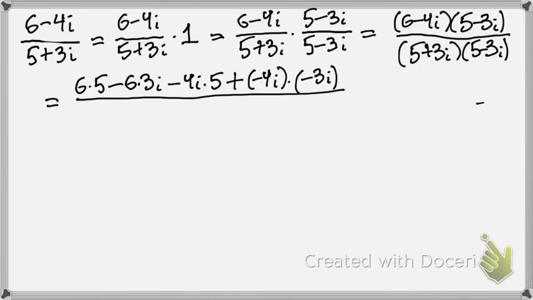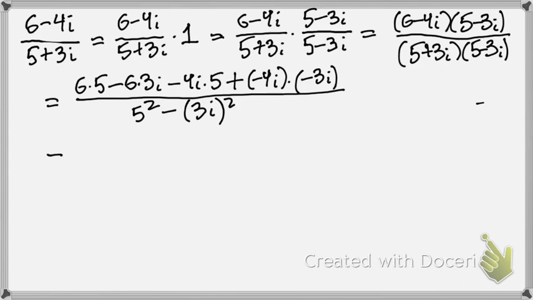At the bottom, we have something which looks like a plus bi times a minus bi. So we can use the difference of squares formula, and we know that this is going to be the difference of these squares.